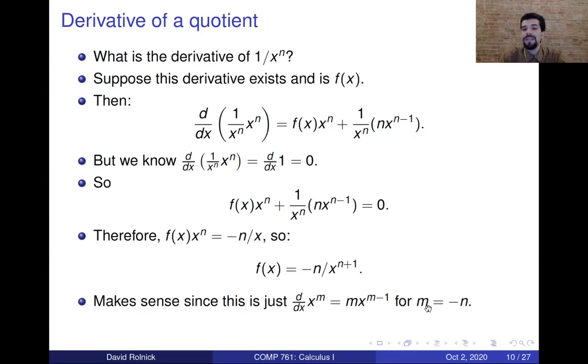Because for a negative integer, if we write this as x to the negative n, then we're going to get negative n times x to the negative n minus 1, which is the same as negative n over x to the n plus 1. So this is, in a sense, a proof that this holds not just for positive integers m, but also for negative integers m. And in general, it's actually true not just for integers, it's true for all real m, but we won't prove that.